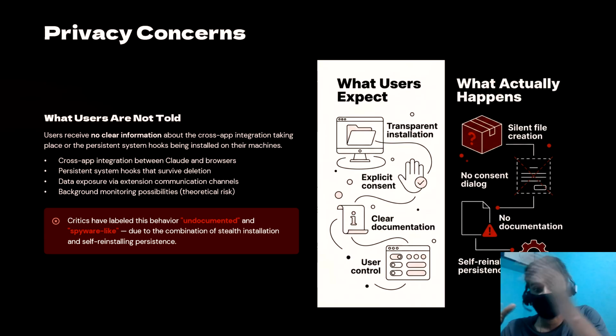Along with that, data exposure plays an important role, with background monitoring and possible theoretical risk. Critics have labeled the behavior undocumented and spyware-like, due to the combination of stealthy installation and self-reinstallation persistence, which plays a very important role in the privacy concern.